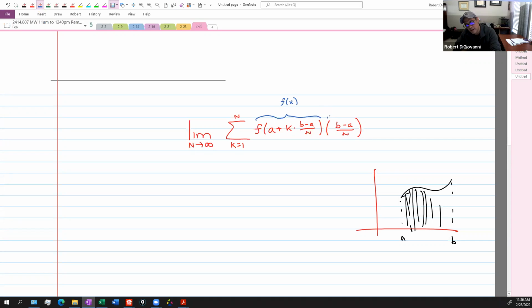And then this is the width of each of the rectangles. It's how much the x changes each time, like a change in x. But I'm going to have an infinite number of them, and they're going to get really, really small. So let's call it dx.